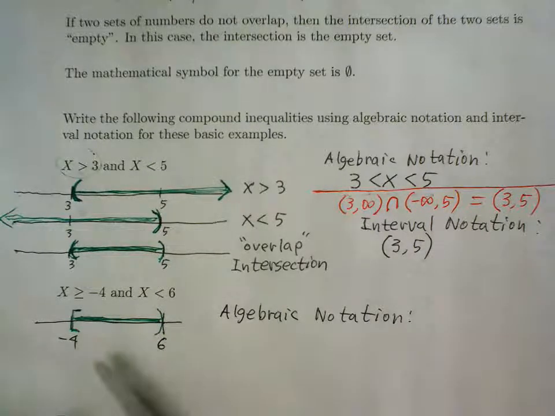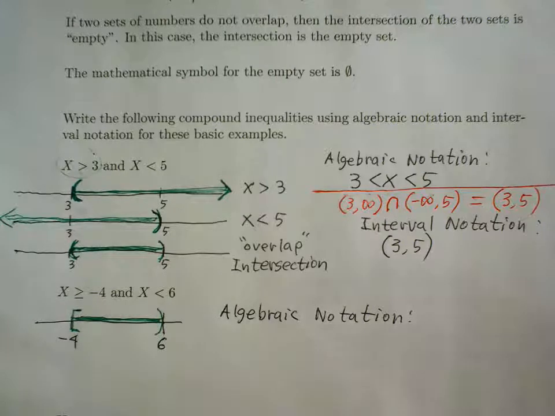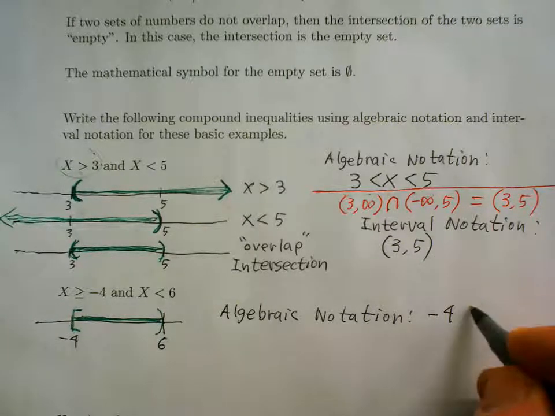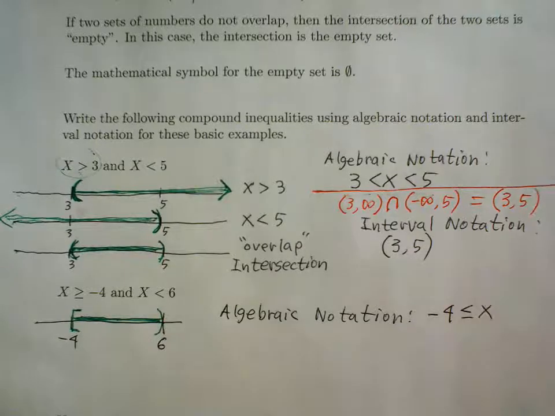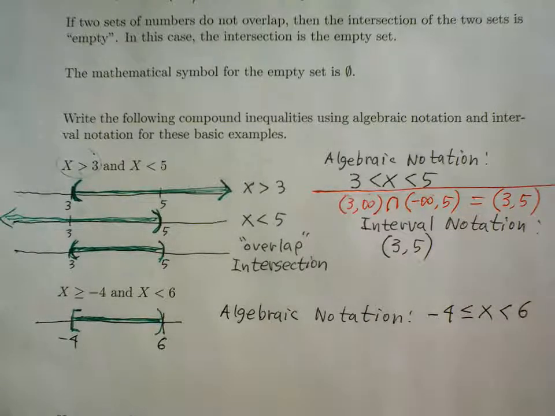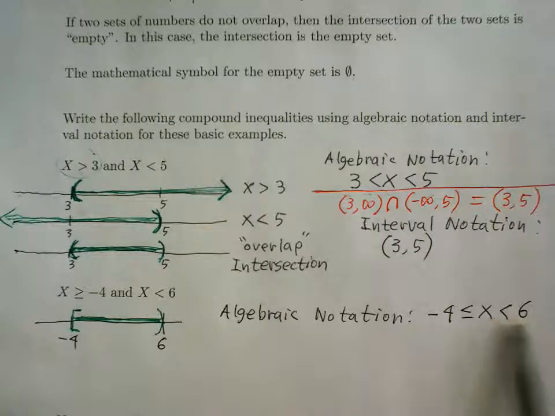I don't know about you, but the graph helps me see what to do. If x is in this set, then -4 is as small as x can be. So -4 is less than or equal to x, and x is strictly less than 6. So x could be 5.9999 and so on, but it never actually reaches 6.